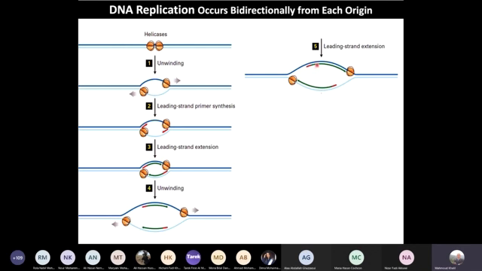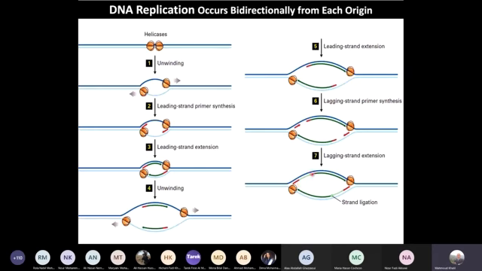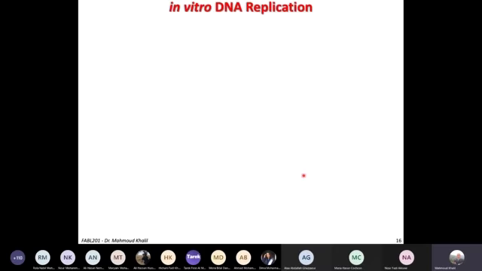Soon after that, the leading strand is formed on both sides, since it's a bidirectional. Again, when the helicase moves in another direction, in opposite direction, and opening up more DNA, a new primer is being laid here or formed, which enables the formation of the new polymerization of the strand. And soon after that, there is a ligation between these two strands to form the complete daughter strand.